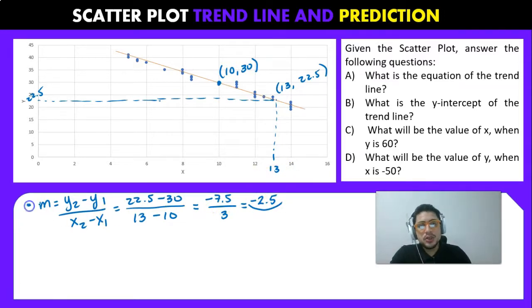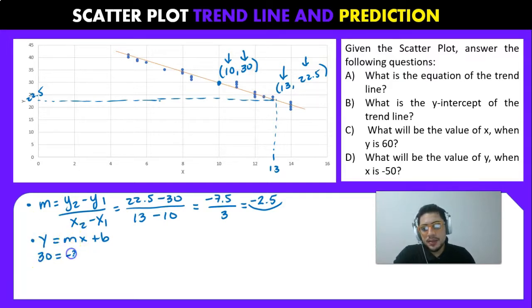But first, we also have to find the y-intercept, right? In order to do that, you have to remember that y is equal to mx plus b. Now, in this case, we know that m is minus 2.5. We do not know the y-intercept, but we do know that we have 2 points. So we have the point 10, 30, or the point 13, 22.5. And we can use those points in this equation. So the value of y, we can choose 30. And the value of m is minus 2.5.